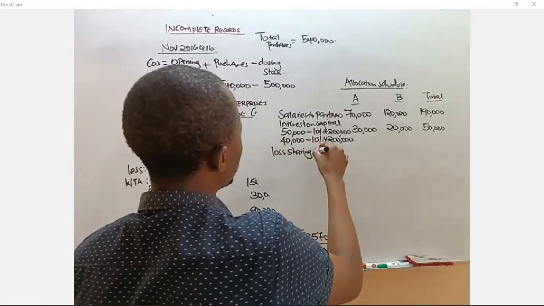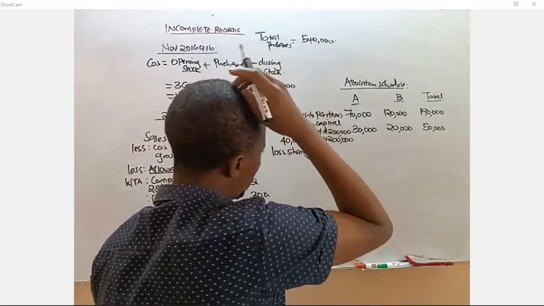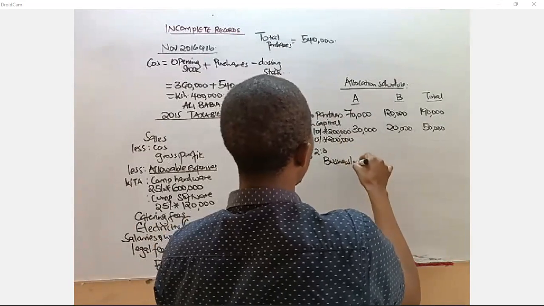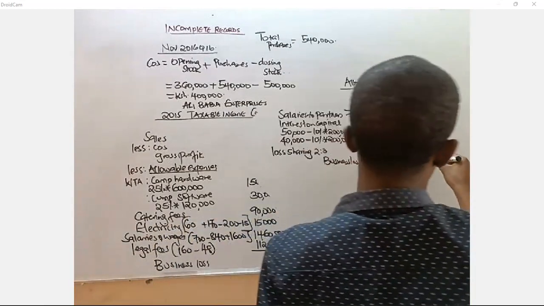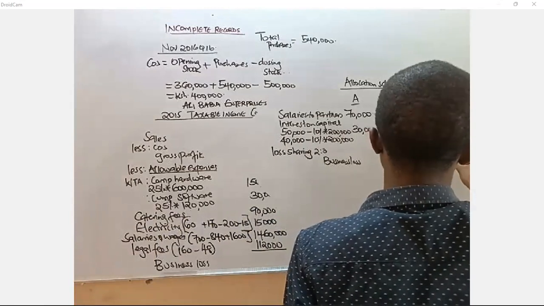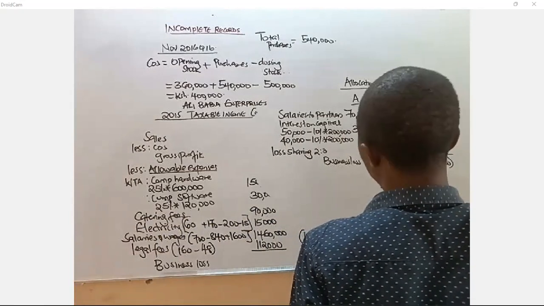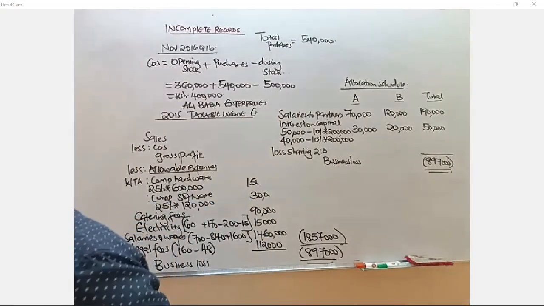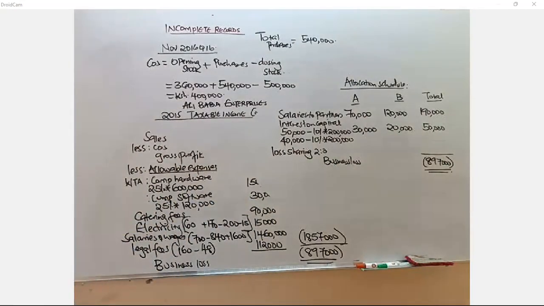And remember the ratio is 2:3. So in this case, the business loss here is 897,000. That is our business loss. So the biggest question is, how much are they supposed to be sharing at the end of the day?